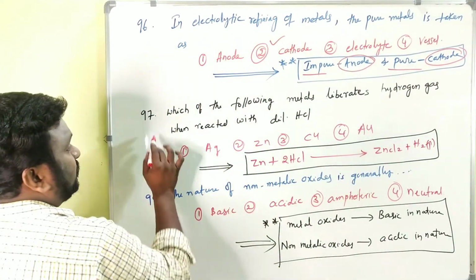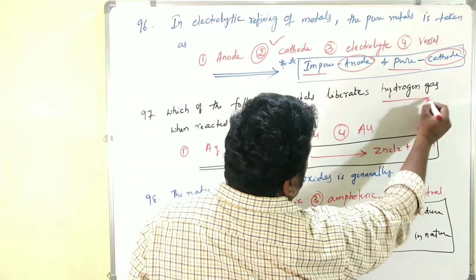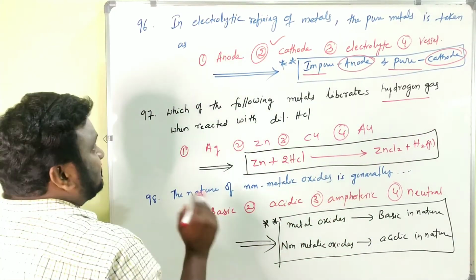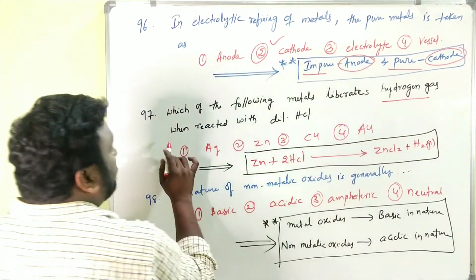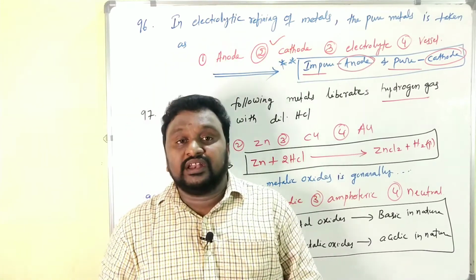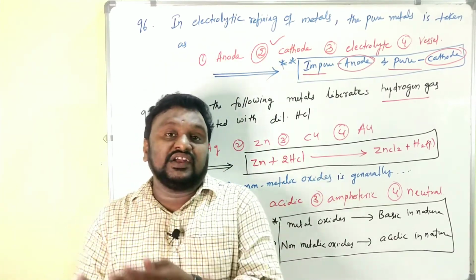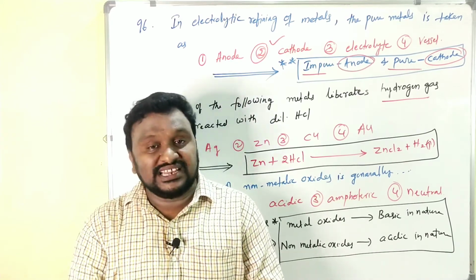And the next question: which of the following metals liberates hydrogen gas? Most important topic in our 10th class. Which of the following metals liberates hydrogen gas when reacted with dilute HCl? All of you know, when zinc granules and dilute HCl are reacted together, hydrogen gas is liberated.